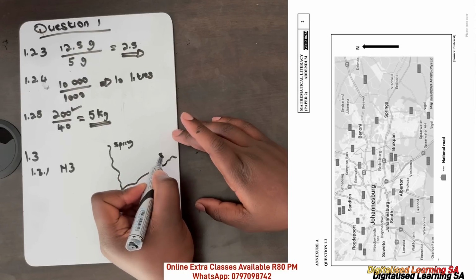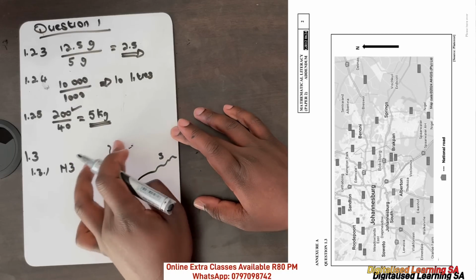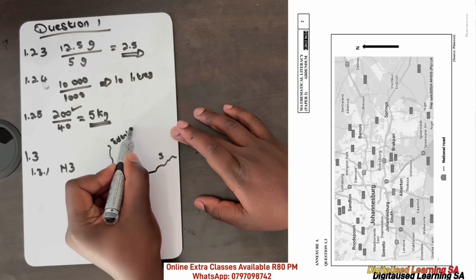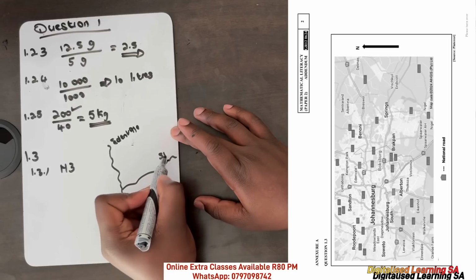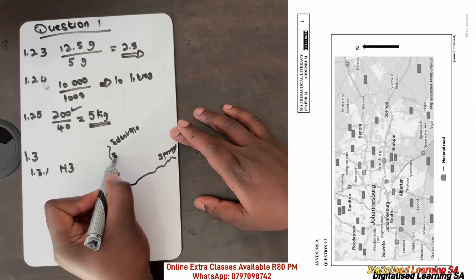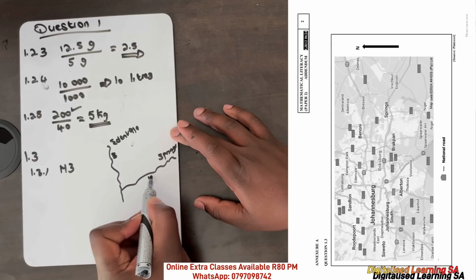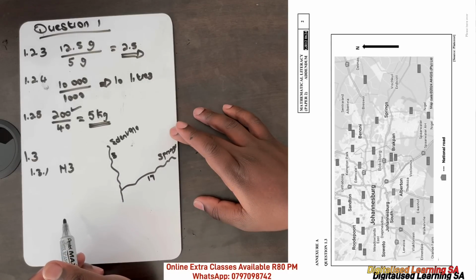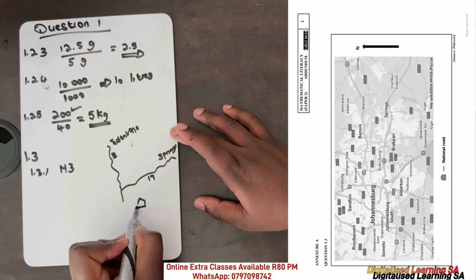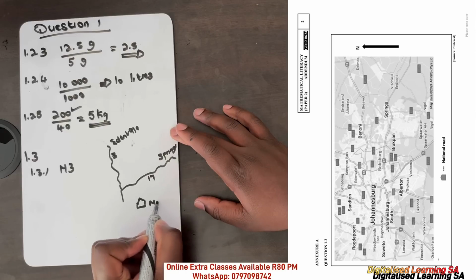So here is not Springs, this is Edenvale, and here is Springs. So this is the N3 and this is the N17. There's also this sign, which stands for National Road.